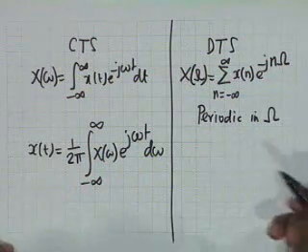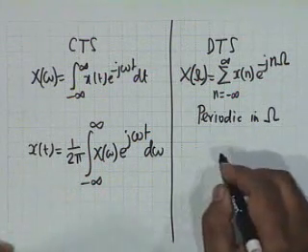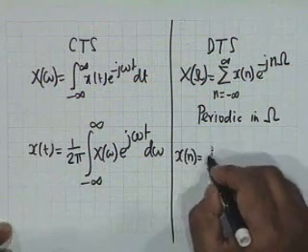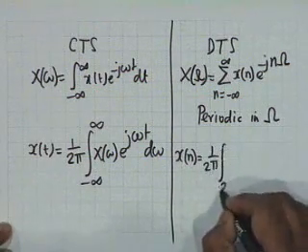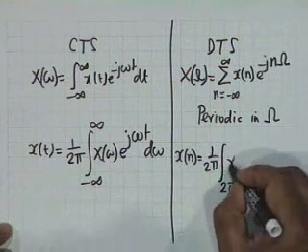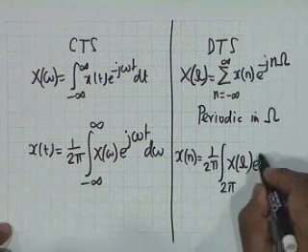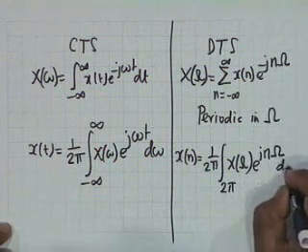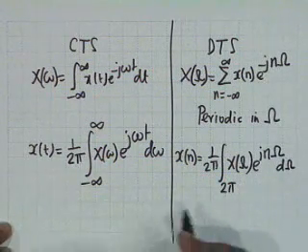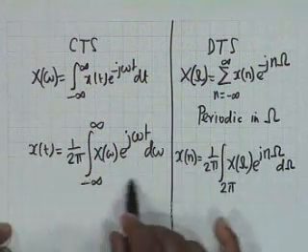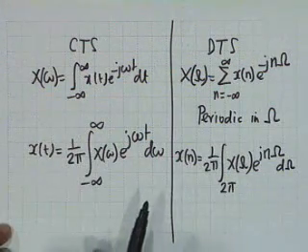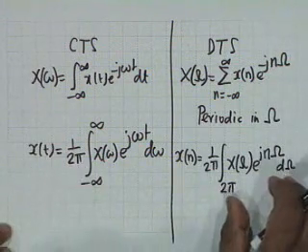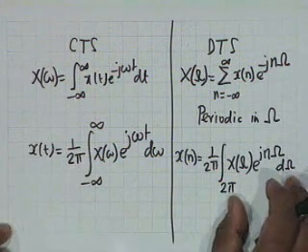In the discrete time case, it is again an integral, but the integral is over only one period. 1 by 2 pi integral over one period, capital X of omega e raised to the j n omega, then d omega. All right. So the difference is that this integration in the continuous time case is for all values of omega, whereas in the discrete time case it is only over one period.